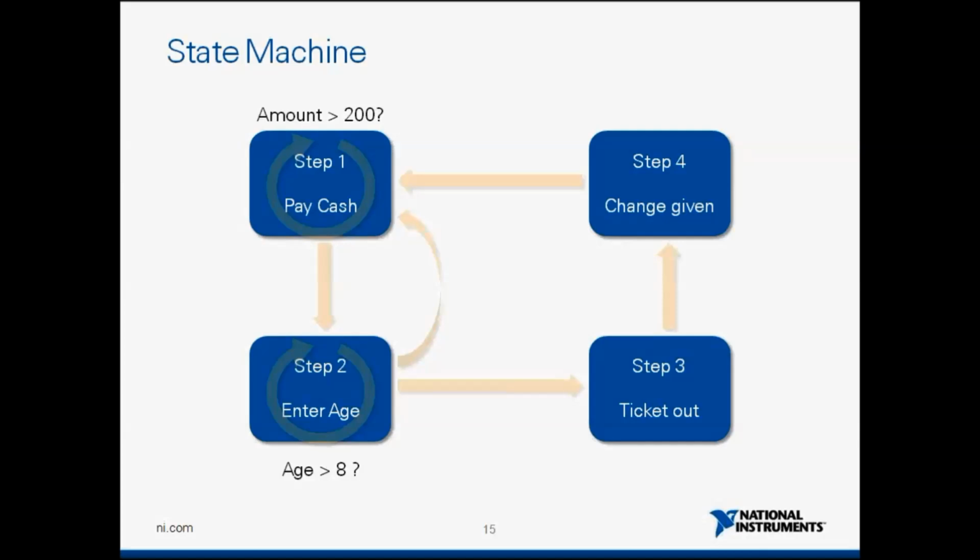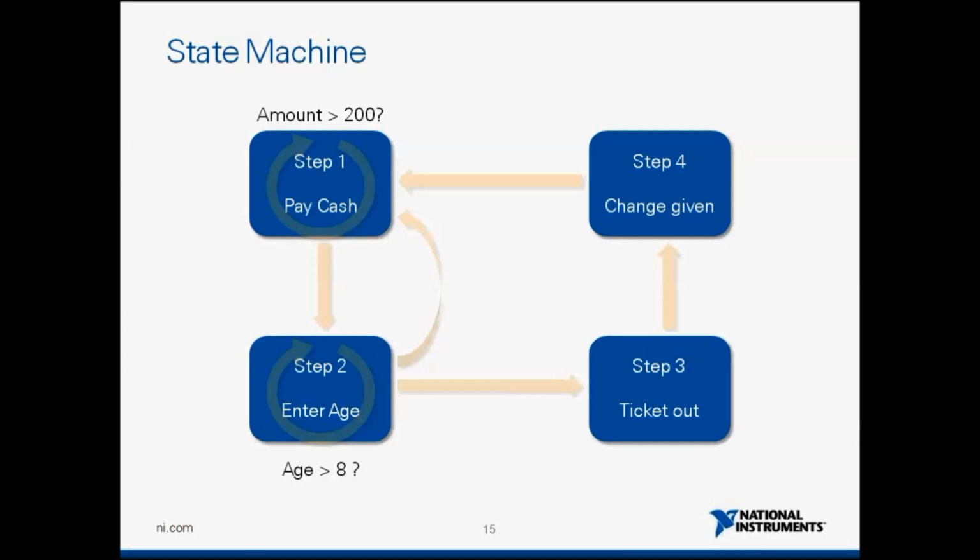So to summarize, we have recognized 3 necessary components that need to be present in our LabVIEW BI. The first is the state functionality code, for example, the subtraction between cash dropped by the customer and the price of the ticket.